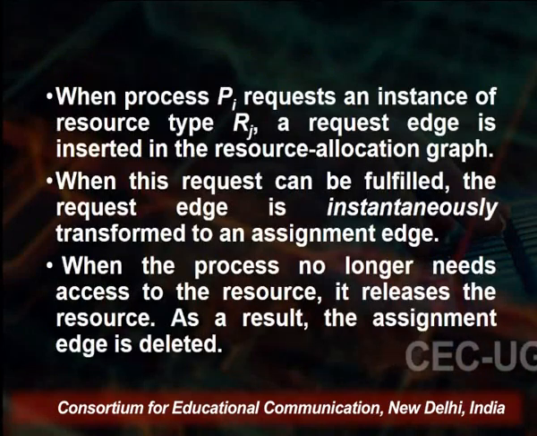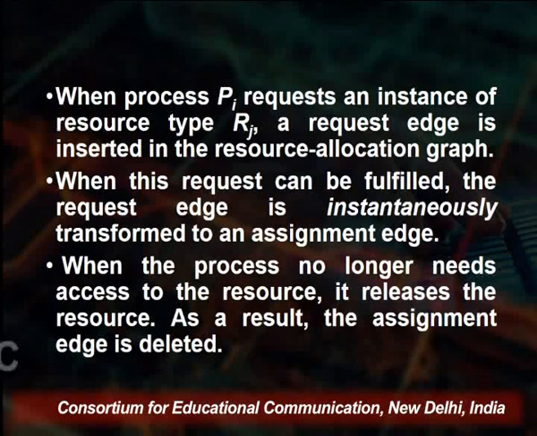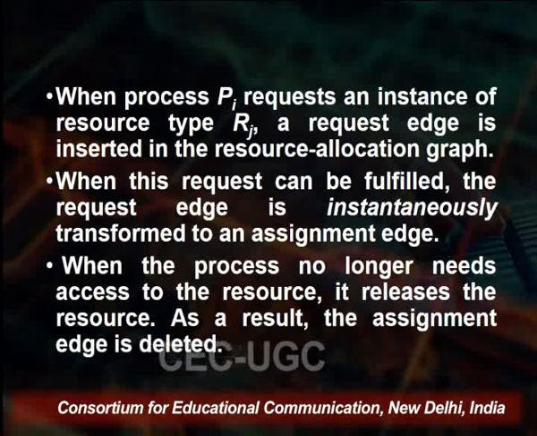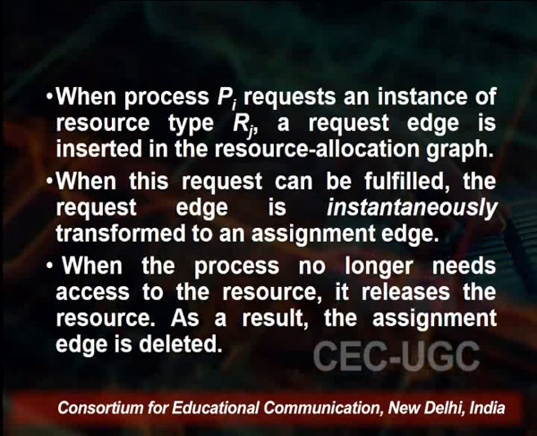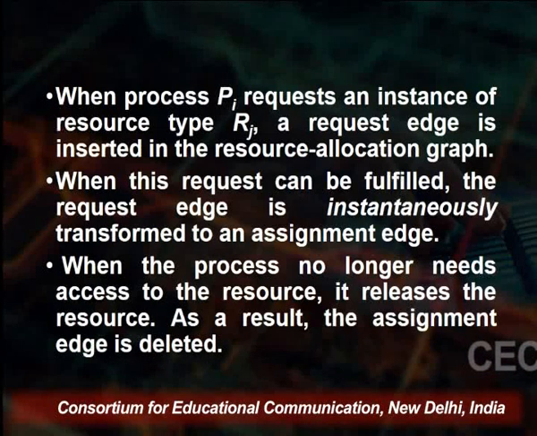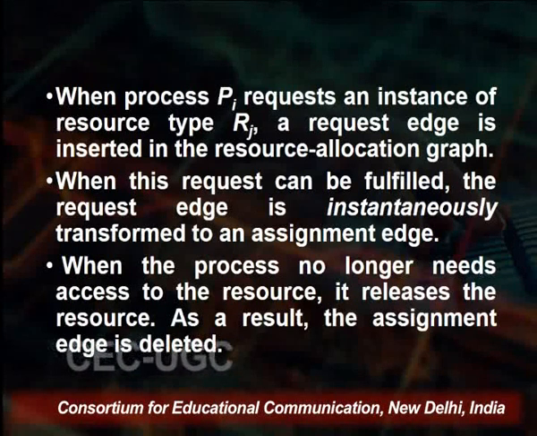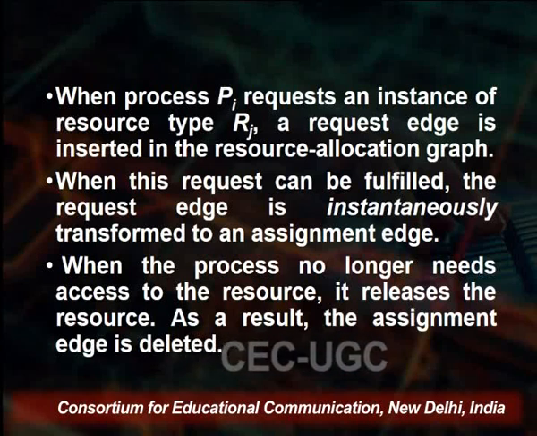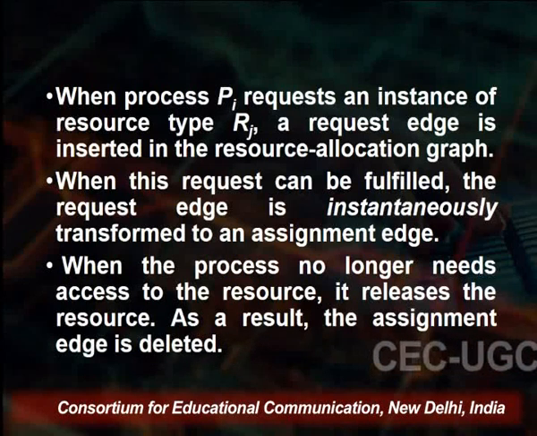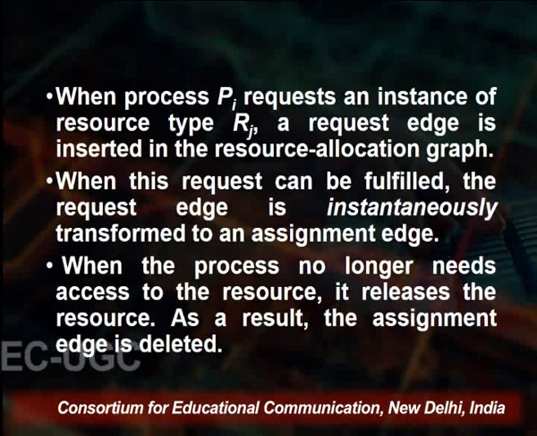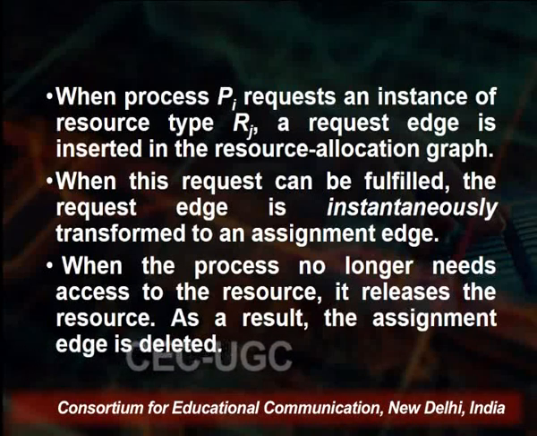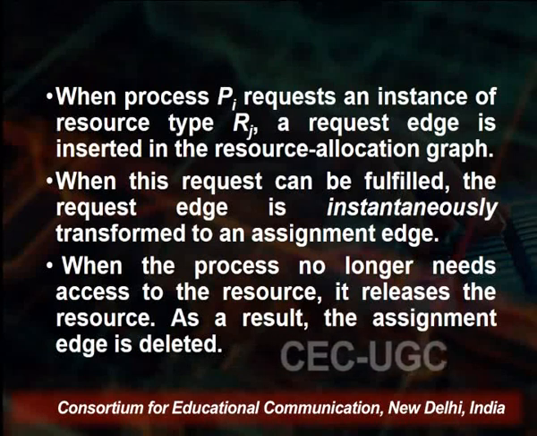Now when a process, say Pi, requests an instance of the resource Rj, a request edge will be inserted into the resource allocation graph. When this request can be fulfilled, that is the resource can be given to the process, then instantly the assignment edge will be created from Rj to Pi.